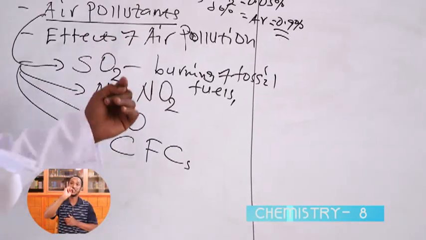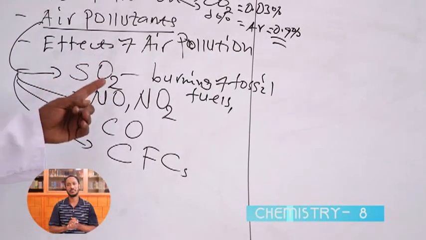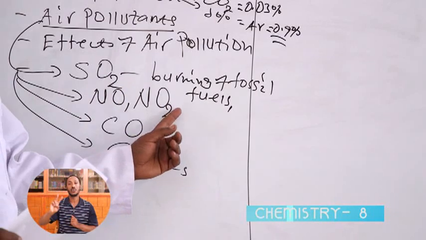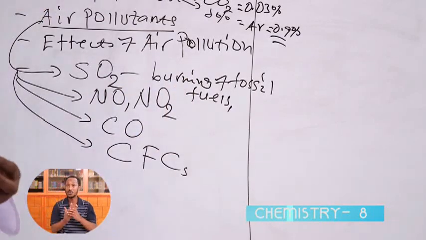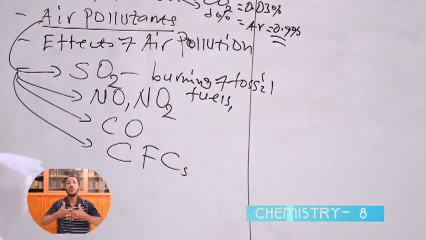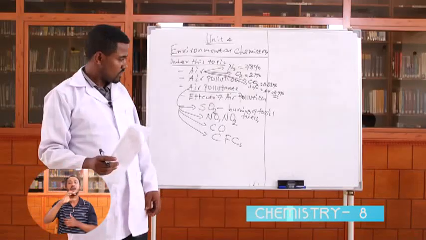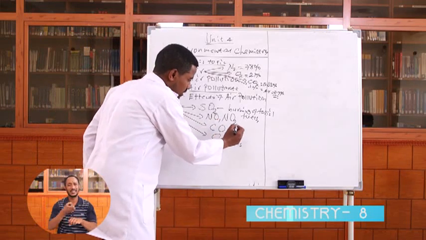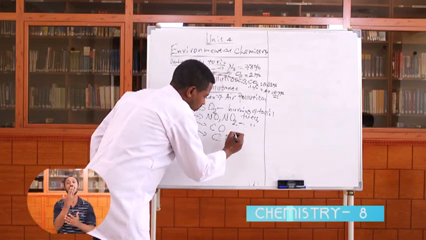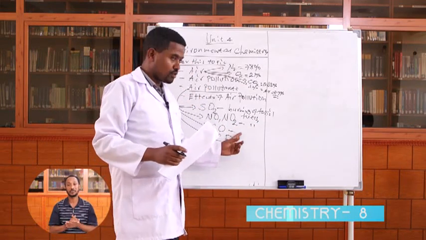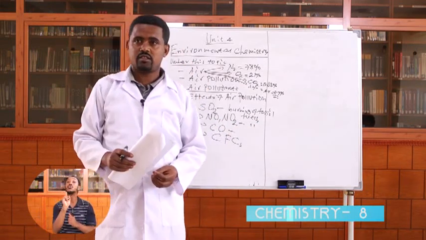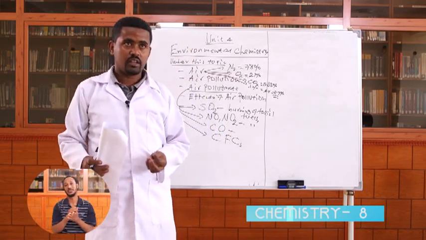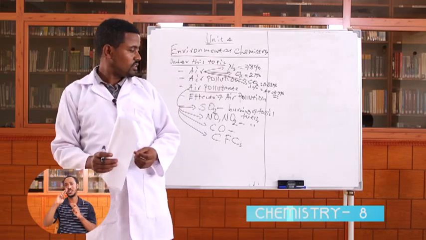Nitrogen oxides, specifically nitric oxide and nitrogen dioxide, originate from the combustion, or you can say burning, of fossil fuels. Carbon monoxide originates from different vehicles which use gasoline.